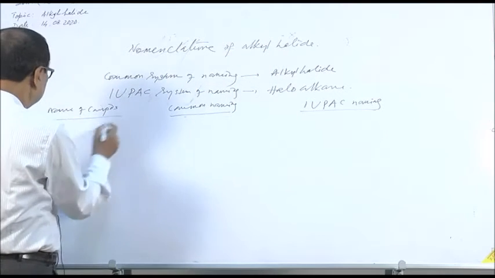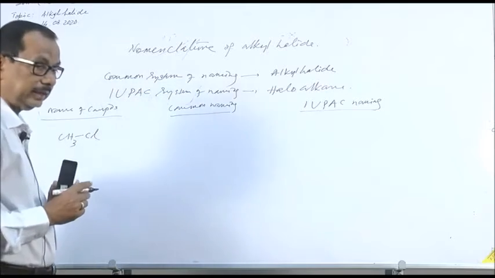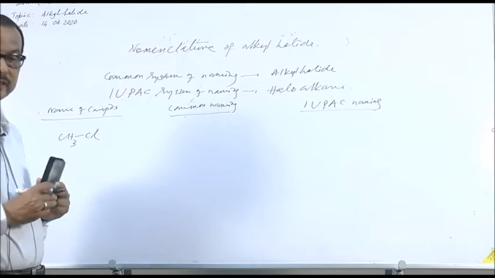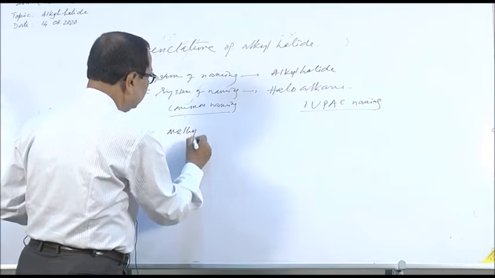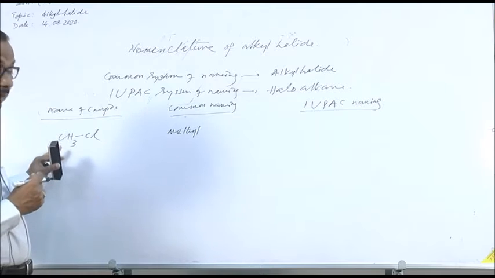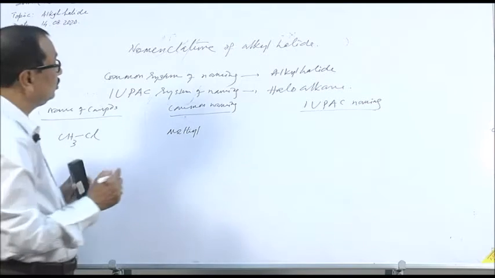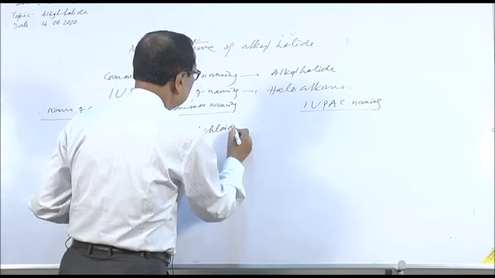First of all, the simple molecule of alkyl halide is methyl chloride. The name of the alkyl group is methyl, which comes from the parent alkane, methane. So it is methyl chloride.